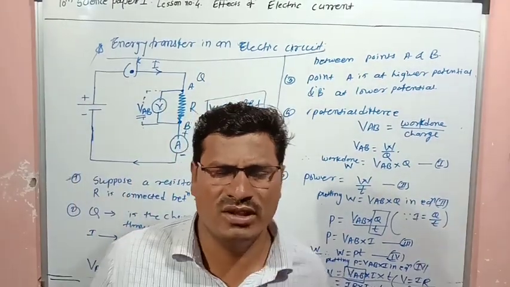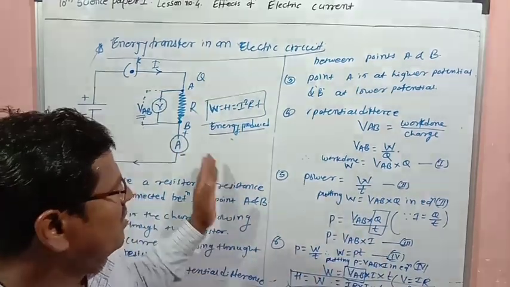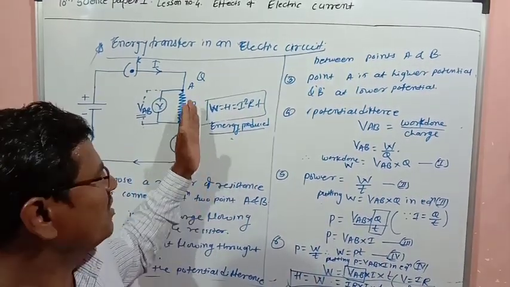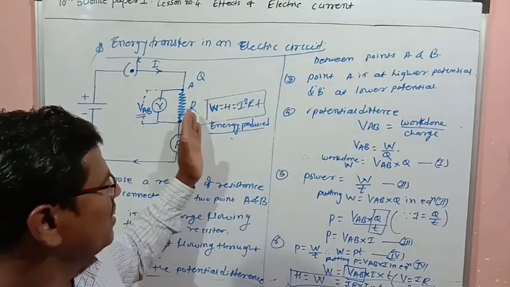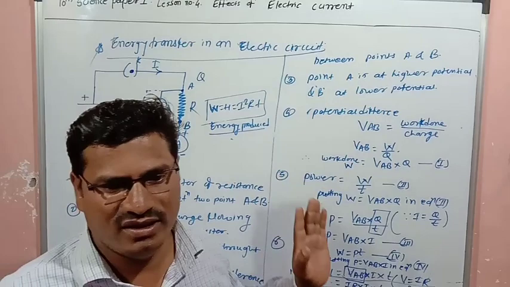It is released into the environment. So this way, when electric current flows through a conductor or a resistor, heat is produced, and that heat is exchanged with the environment.